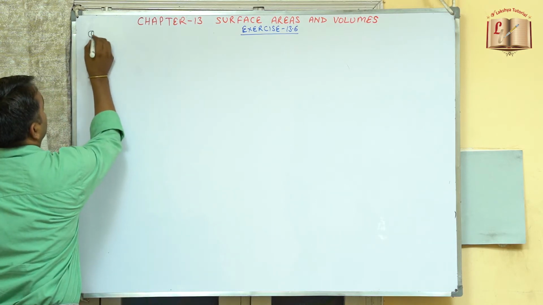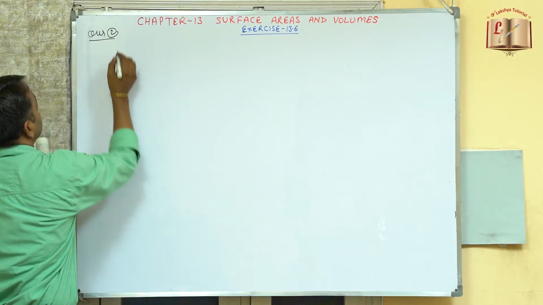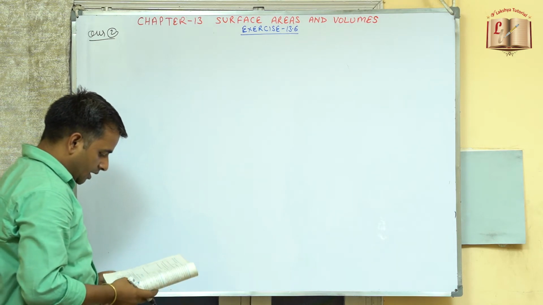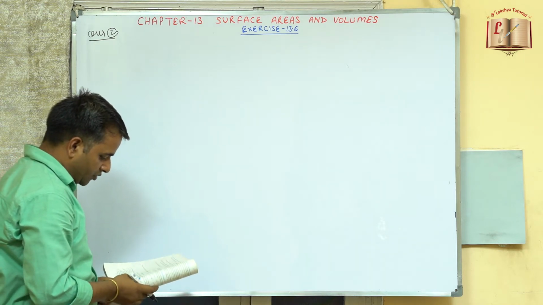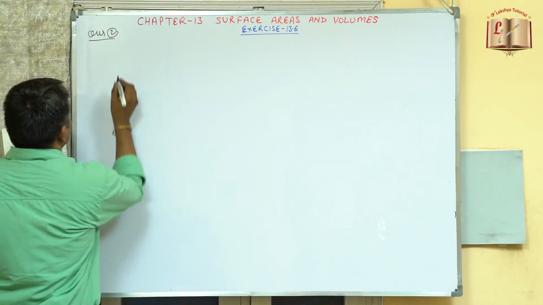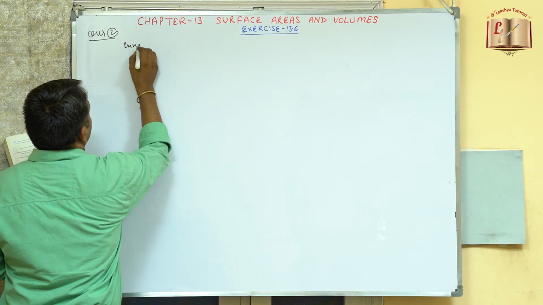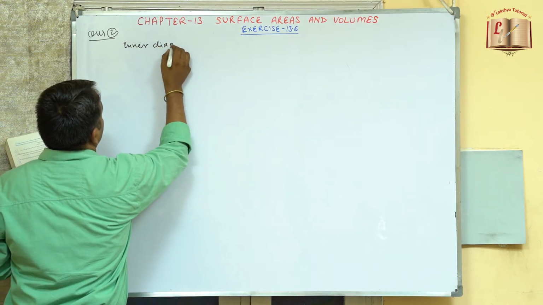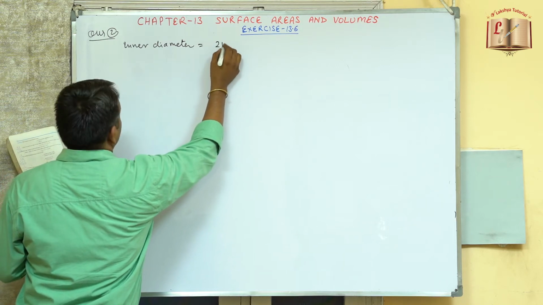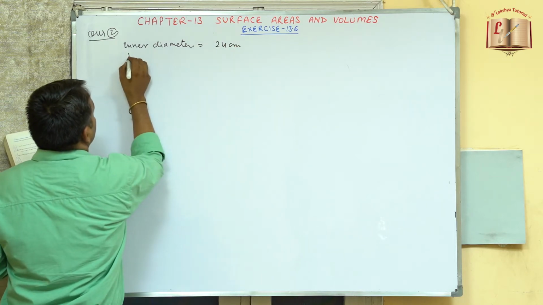So now coming to question number 2. The inner diameter of the cylindrical wooden pipe is 24 centimeter and the outer diameter is 28. So inner diameter is 24 centimeter.